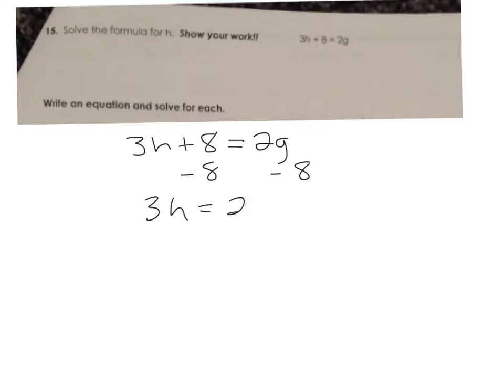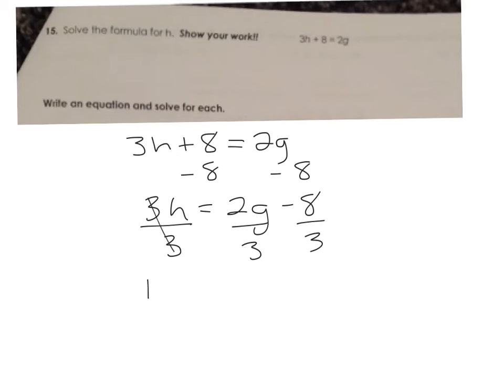So on the first review, I skipped number 15, and so I'm going to start by doing number 15. What we have here is 3h plus 8 equals 2g, and they want you to solve this for h. So I'm going to start by minusing 8 from both sides. What I get here is 3h equals 2g minus 8, and then I got to get h completely by itself, so I'm going to divide everything by 3.